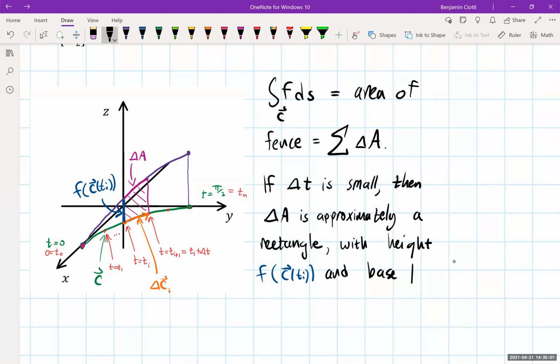And the base is given by the length of delta ci. But if delta t is very small, then we can approximate this by c prime of ti delta t. Okay, so that's another place where we're making an approximation.